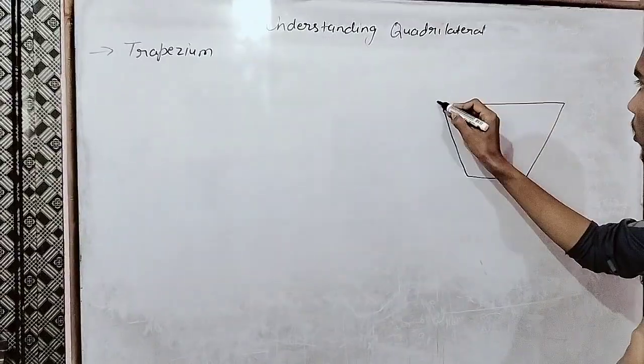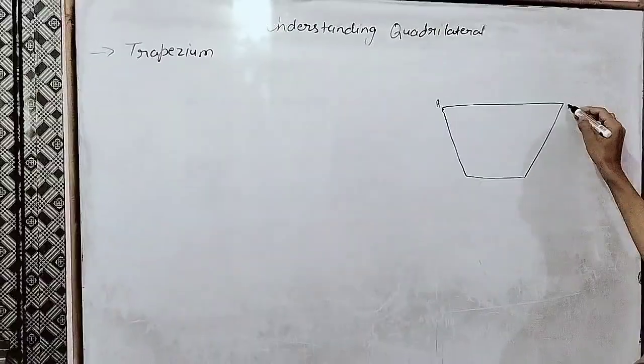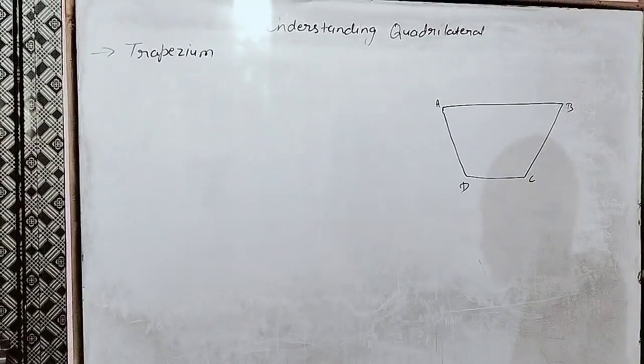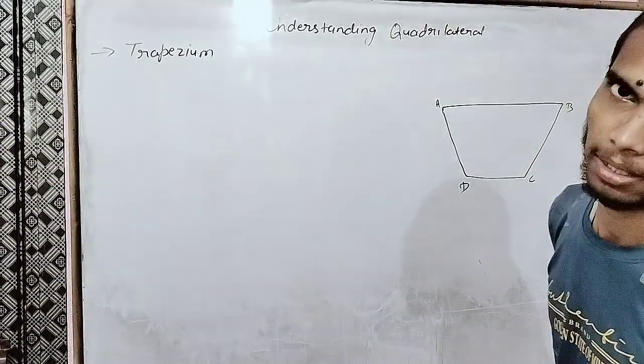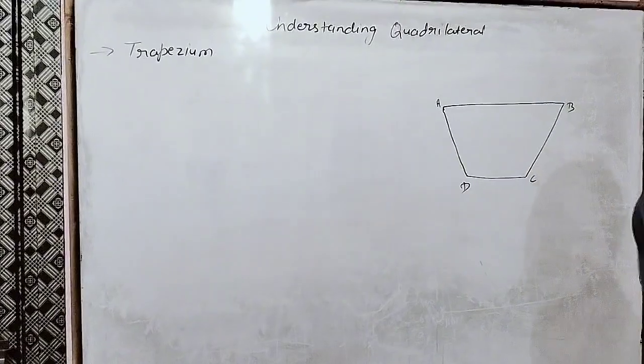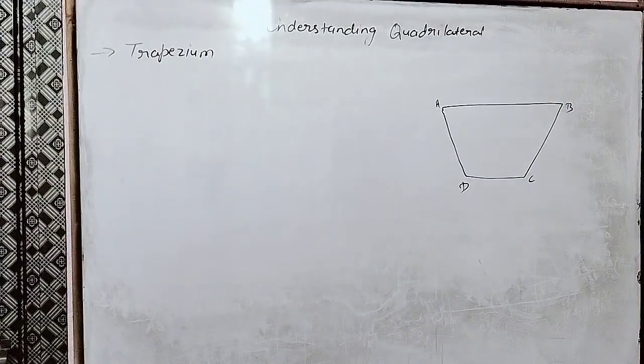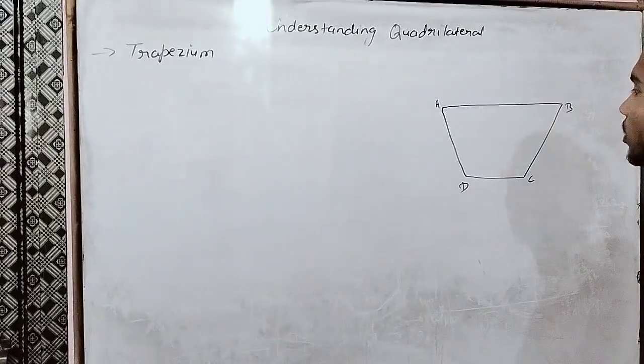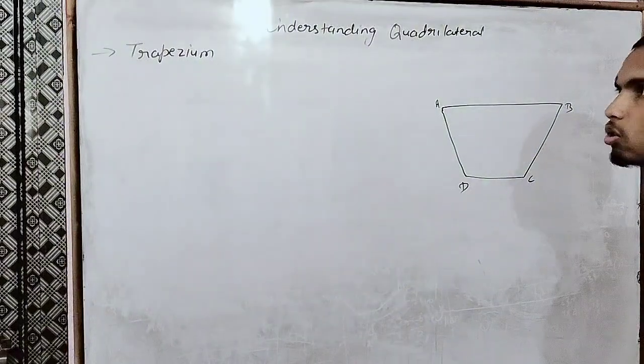Now let me name it A, B, C, D. Tell me which are the parallel lines and which are not parallel lines. It is very easy to identify which one is parallel and which one is not.